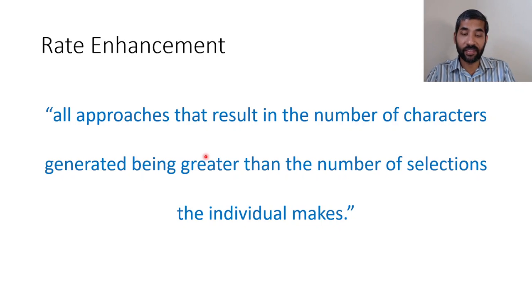So you just press T, and already THE comes, and if you press one more button, that goes into your text. Or you press AP and you get the option Apple, and you can just select it. So instead of typing 6 letters, you only have to type 2 or 3, and you can select the words, and therefore you have a rate enhancement, right? And so there are various ways of enhancing rate in indirect selection options.